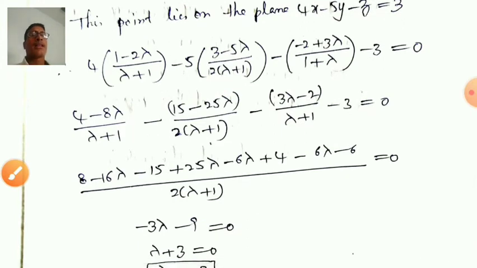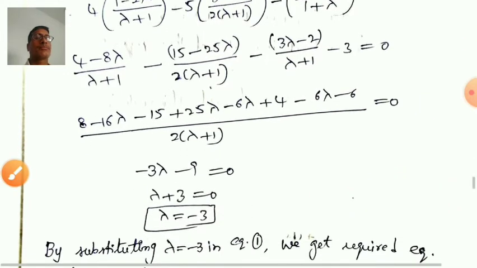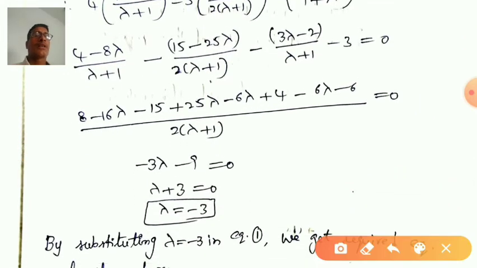On taking LCM you can simplify like this: 4 minus 8 lambda by lambda plus 1, minus 15 minus 25 lambda by 2 into lambda plus 1, minus 3 lambda minus 2 by lambda plus 1, minus 3 is equal to 0. The LCM is 2 into lambda plus 1.